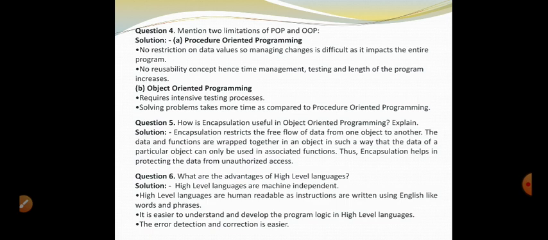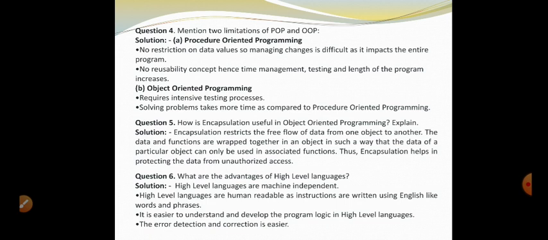Thus, encapsulation helps in protecting the data from unauthorized access. So, this is the usefulness of encapsulation.